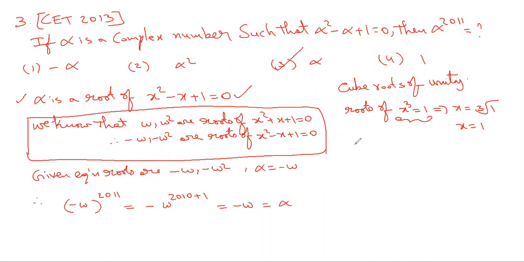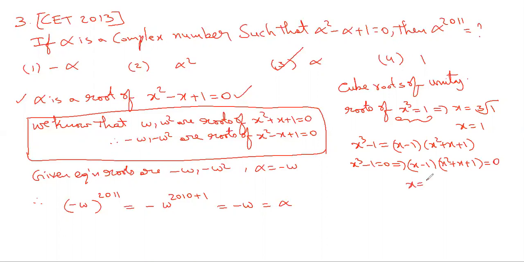So how do we get the other 2 roots? x cube minus 1 can be written as x minus 1 into x square plus x plus 1. So x cube minus 1 equal to 0 implies x minus 1 into x square plus x plus 1 equal to 0.